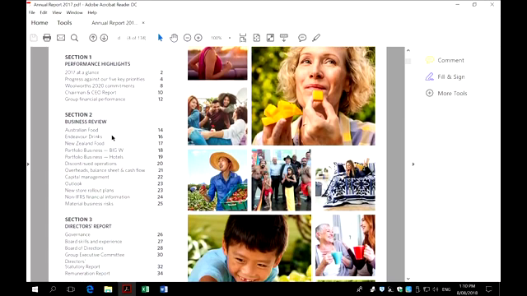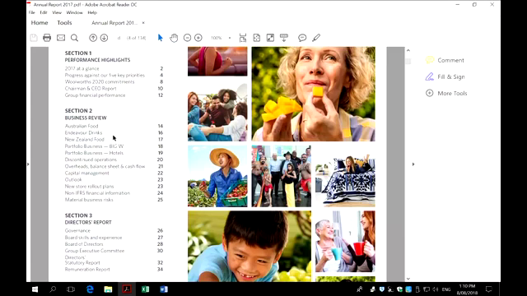The next section is a business review. Here you will find Australian Food, Drinks, that's the liquor, New Zealand Food, that's a very small section, and Big W, Hotels, and discontinued operations. So this might give you an indication of how you might forecast for Woolies by this division of business segments.